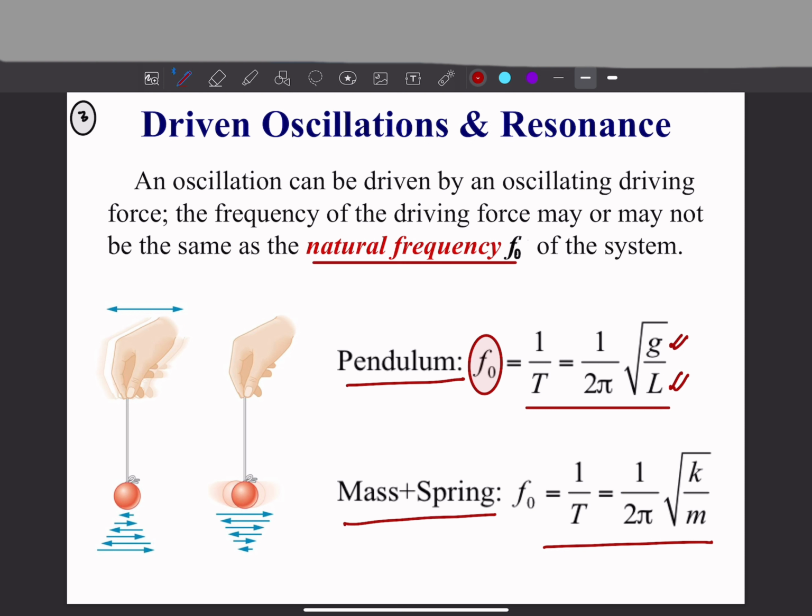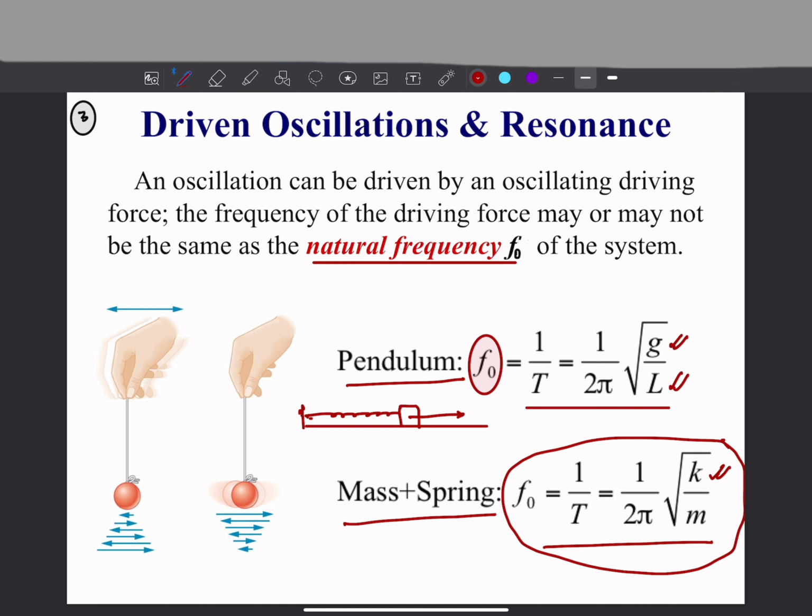Similarly, if you have a spring, suppose, and this spring is attached with a body, or a body is attached with the spring, and you are just observing the vibration or oscillation of this mass spring system, then the frequency of this body will be given by this formula, where K is the spring constant and M is the mass of the body attached with this spring.